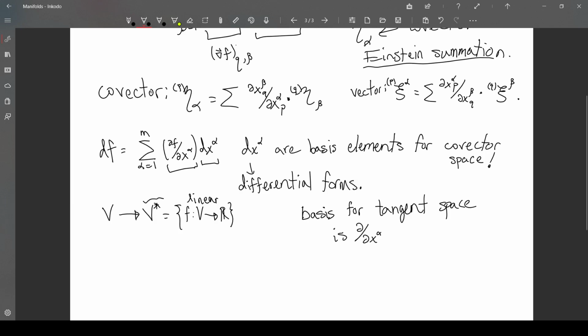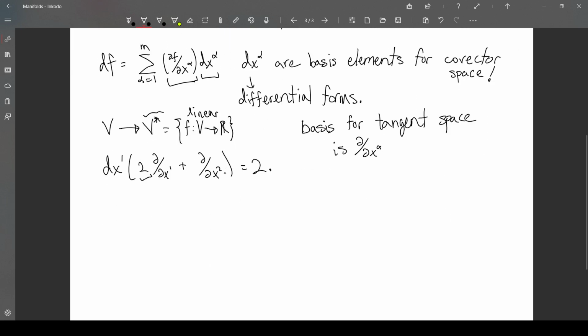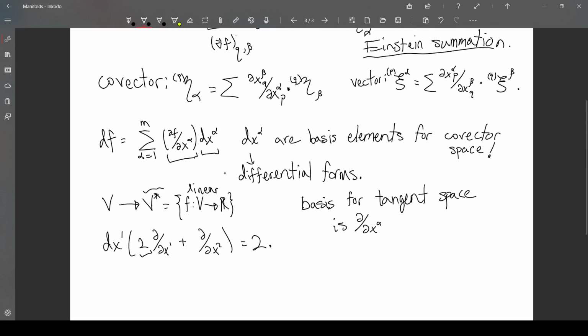And so a differential form, for instance dx1, would act on some tangent vector like 2 dx1 plus d dx2, and it just picks out the x1 component. That's the idea behind differential forms, and differential forms are a very, very important idea in analysis.